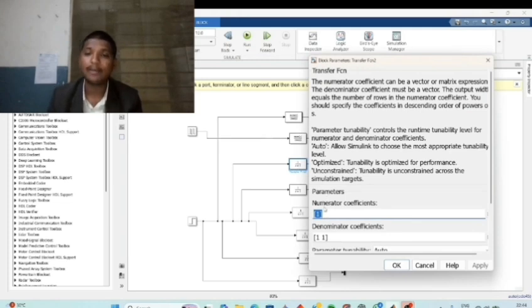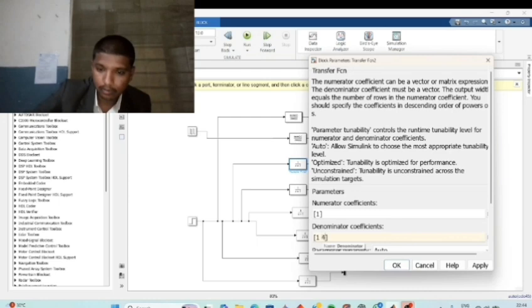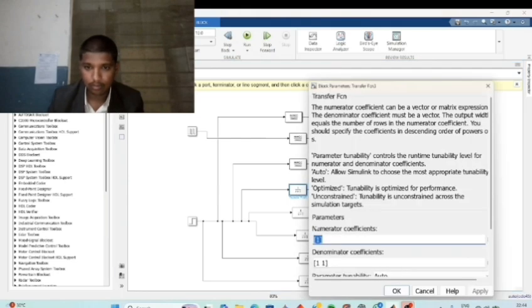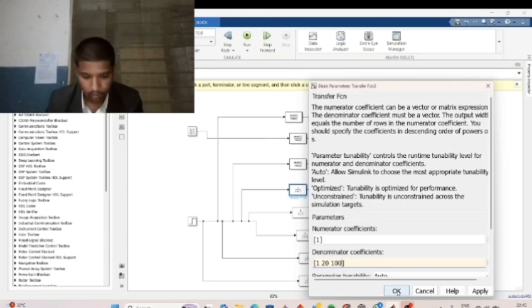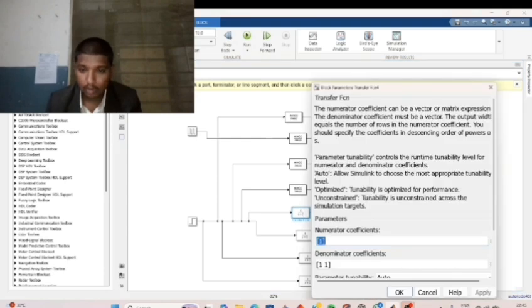In the third transfer function, we take numerator coefficient 1 and denominator coefficients 1, 4 and 100. Here the numerator coefficient is 1 and the denominator coefficients are 1, 20 and 100. Fifth, the numerator coefficient we take is 1 and the denominator coefficients are 1, 10 and 100.